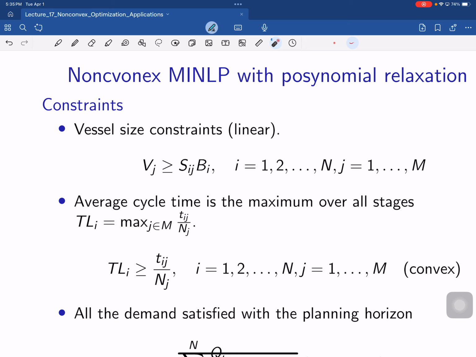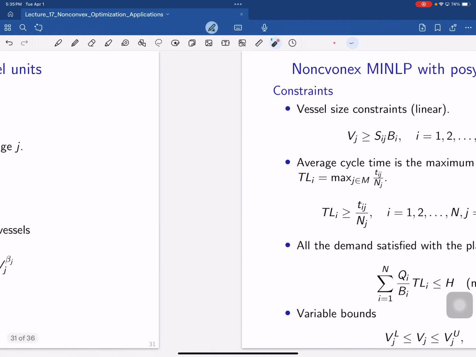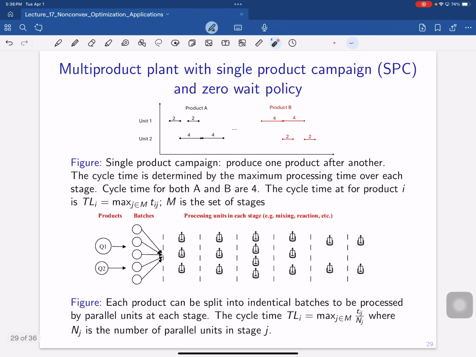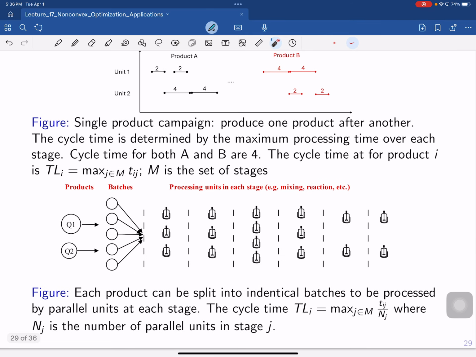Okay. Now we have this average cycle time constraint, right? So remember we talked about this before. You could produce different products in parallel, right? If you do not have parallel vessels, then the cycle time is determined by the rate limiting step, right? The longest processing time over all the stages. But if you can do it in parallel, you can divide it by nj.